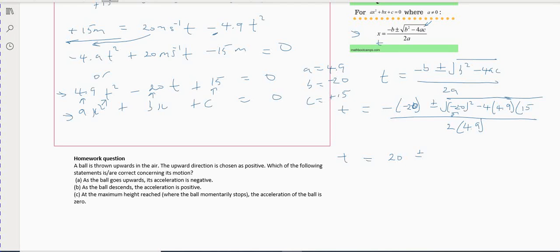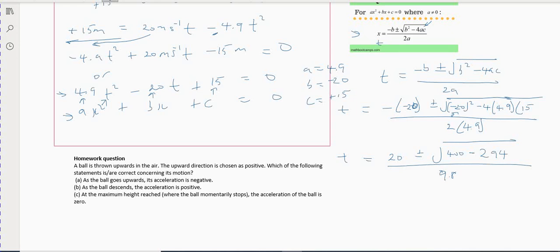Alright, it's going to give you 400, so the square root of 400 minus 4 times 4.9 times 15 gives us a value of 294, and all of that is divided by 9.8.